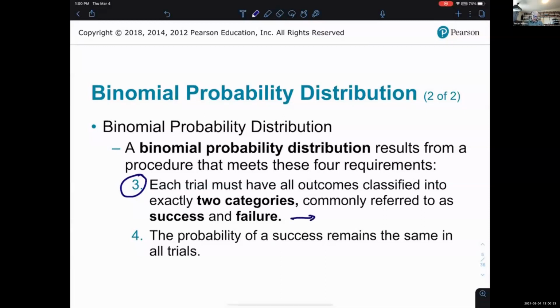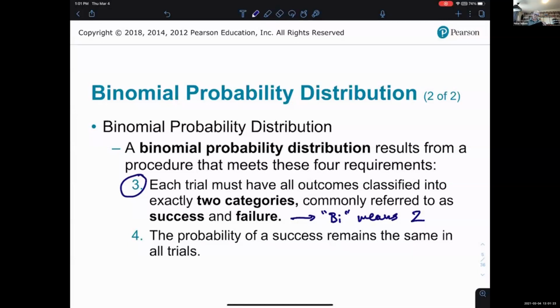This is the idea that the bi in binomial means 2, like bicycle has 2 wheels. Binomial means there's 2 outcomes. In the examples that I just gave with a repeated procedure, flipping a coin, there are 2 outcomes. I get heads or tails, and I could say heads is success and tails is failure.